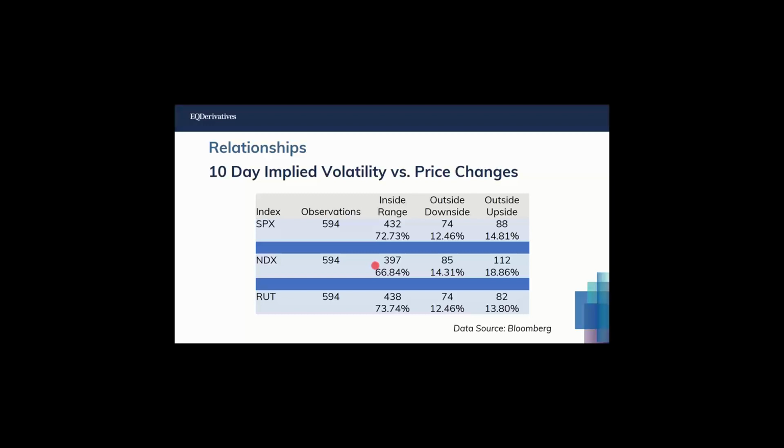However, the NDX numbers are an outlier, and I think a significant outlier. So you're more likely to have a move over a 10 calendar day period that is larger than what options are predicting out of the NDX when compared to the S&P 500 and the Russell 2000.